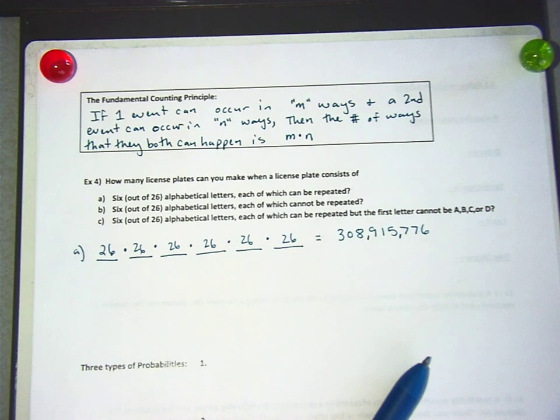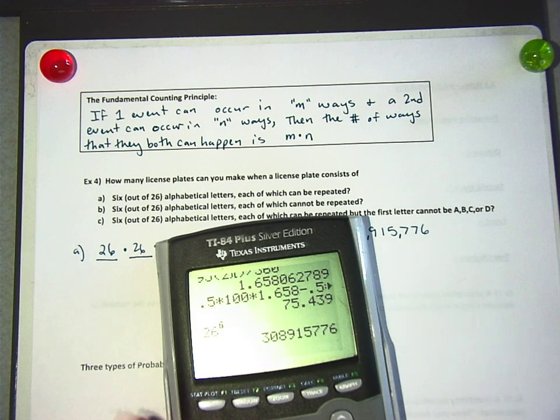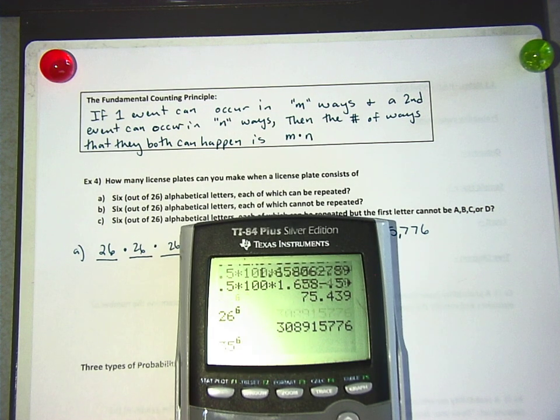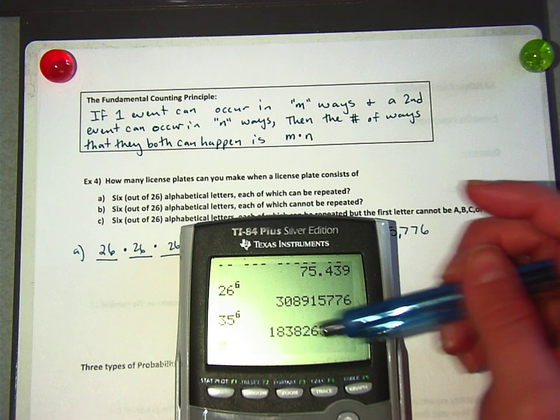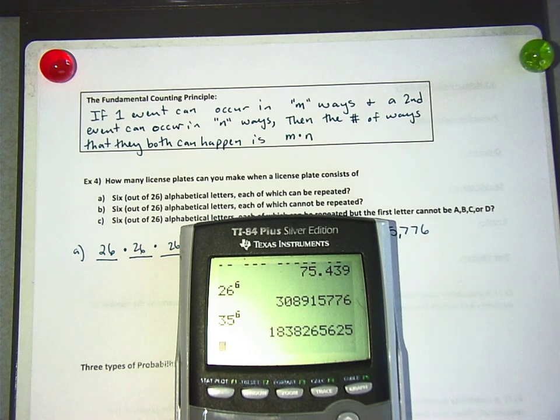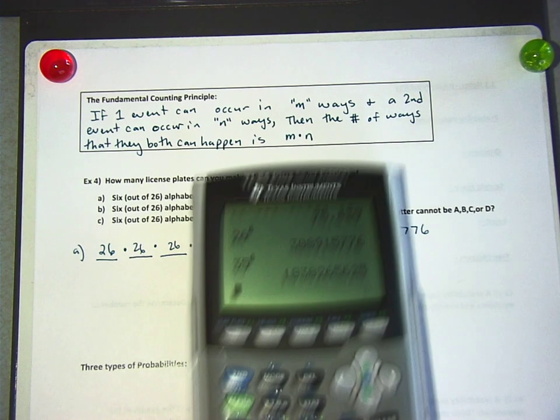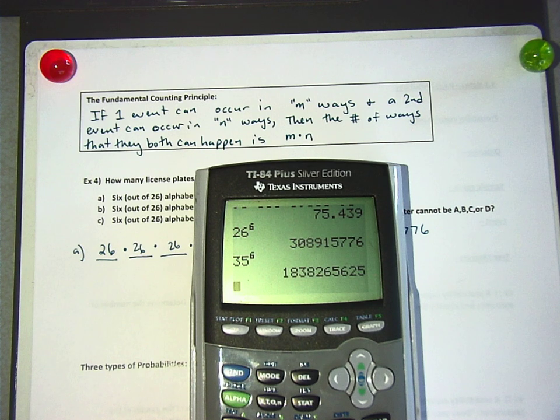And I'm guessing they probably do the same thing with I, but maybe I has like the lines. All right, let's just say 35. 35 to the power of 6 would be 1,838,265,625.